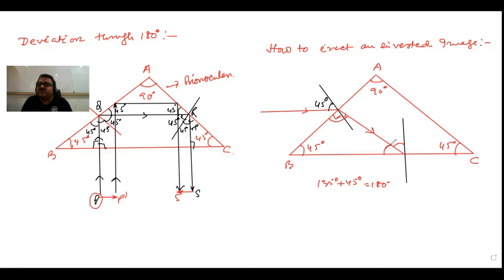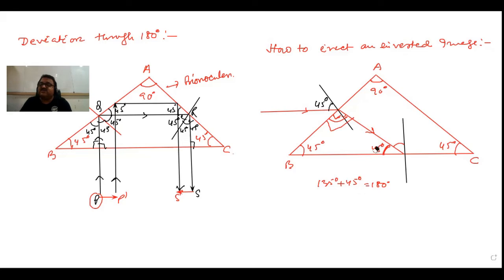What will be the value of this angle? Is it equal to 45 degrees or less than 45 degrees? Look, if I take this as 45 degrees, just a moment, take this as 45 degrees. So 45, 45, this must be 90. But it is more than 90. That means this is less than 45. Correct?